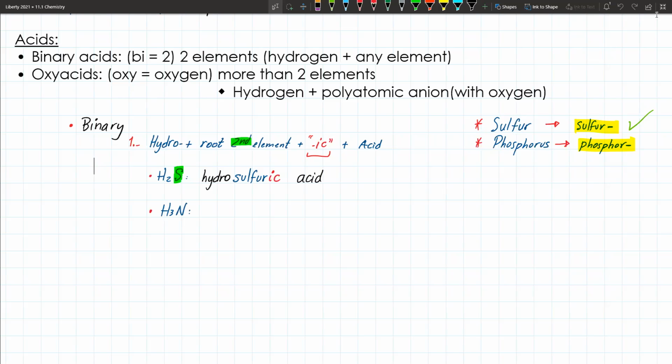How can we name this? First, the root. Always the binary begin with the root hydro. So hydro. Now, the root for this element is going to be nitrogen. ¿Cuál va a ser la root?